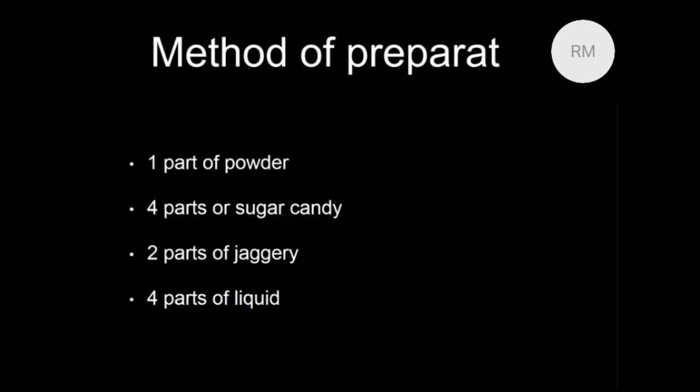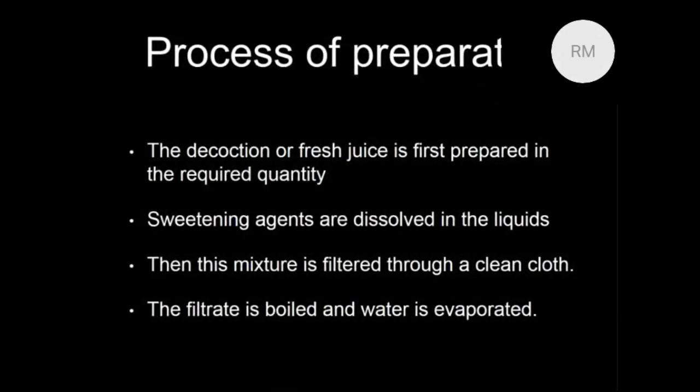Now the process of preparation. So the decoction of the fresh juice is first prepared in the required quantity, and then the sweetening agents are dissolved in the liquids, and this mixture is filtered through a clean cloth.